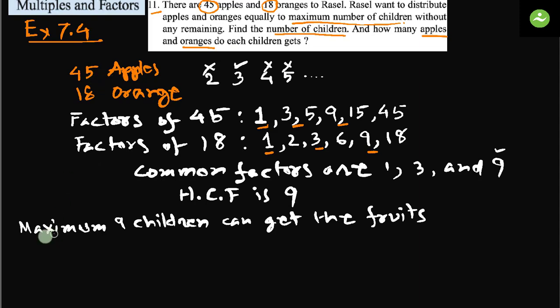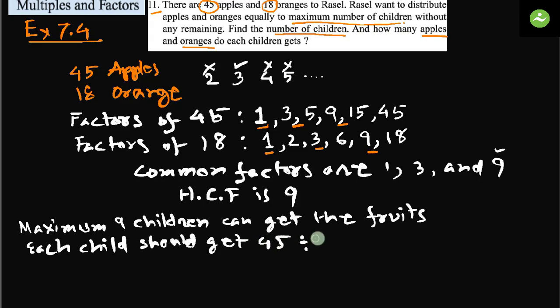Total apples is 45, so each child should get 45 divided by 9 equals 5 apples.